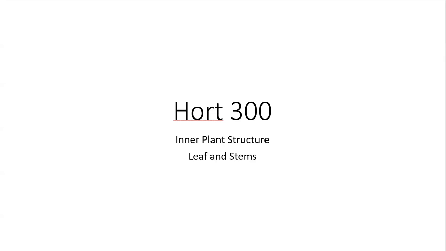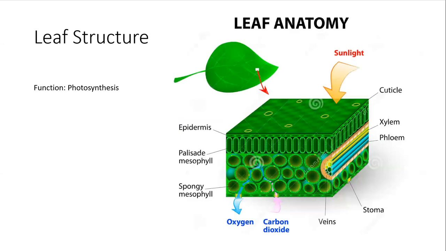Okay, so we'll dive right into the leaf itself. Looking at the leaf structure, of course, we have this wonderful diagram of a leaf. This is a little section cut out so that we can see what that leaf structure looks like. The main function of the leaf itself is photosynthesis.